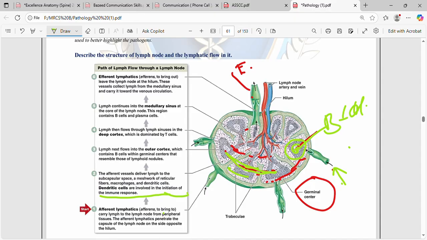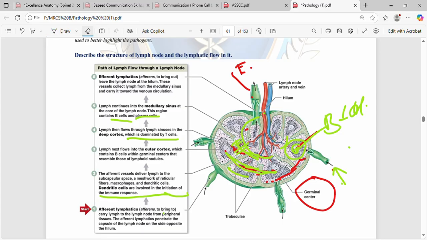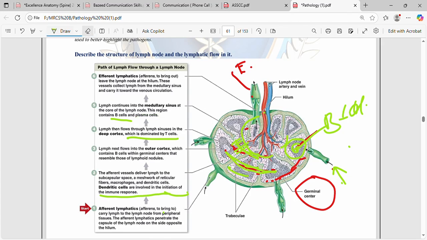Then we have the deeper cortex here, and the deeper cortex contains the lymph sinuses, and it contains the T cells. Then we have the medullary sinuses, which contain the plasma cells and the B cells. Okay, so lymph will come here.